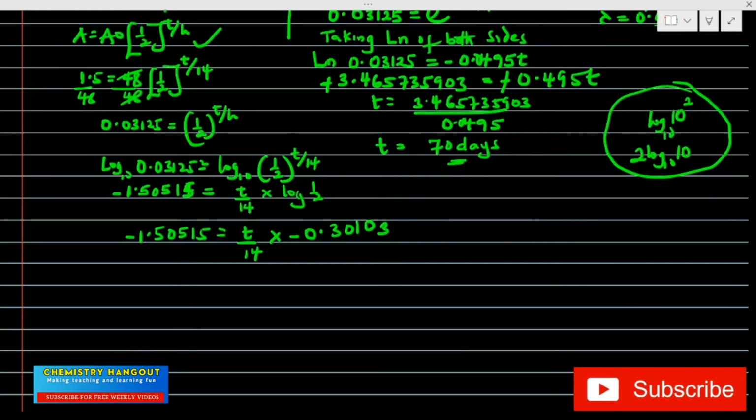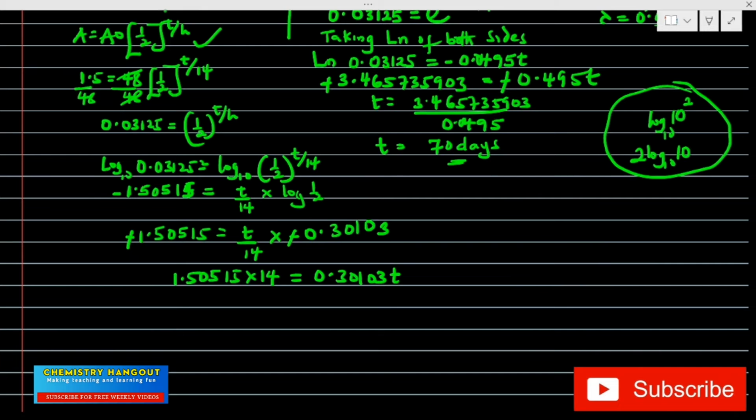You see that now? So from here, what do we do? Minus can cancel minus, so that will be safe. And from there, we will have 1.50515 times 14 be equal to 0.30103 T. So we divide both sides by that.